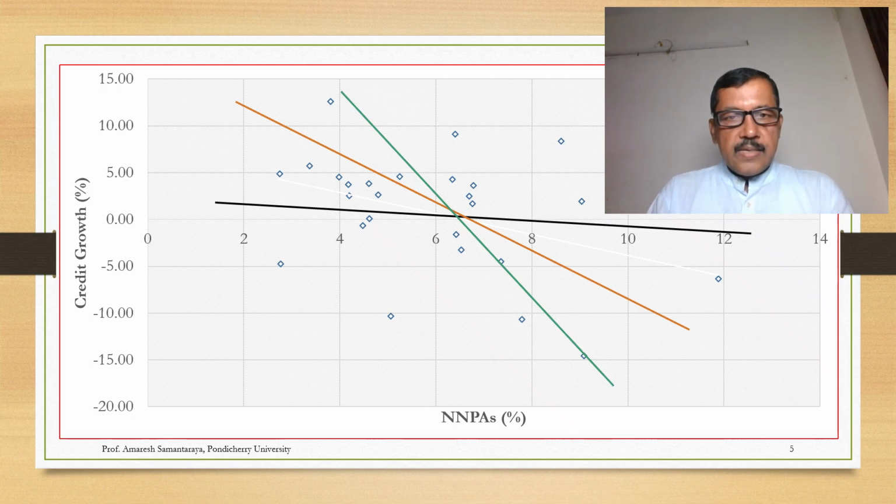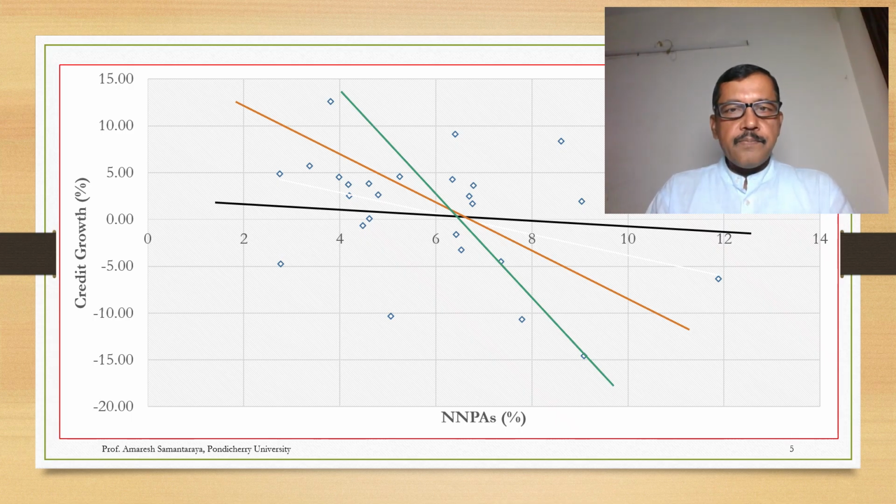On the other hand, someone who is fitting a straight line like the green line sees a significant negative impact of change in bank NPAs on the credit growth. Particularly, the negative relation between bank NPAs and credit growth becomes pronounced if somebody is fitting a straight line like the green line. So, as researchers, we don't want to leave the inference on the impact of bank NPAs on credit growth to the subjective discretion of the researcher.